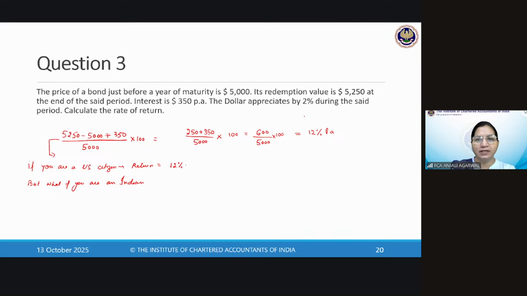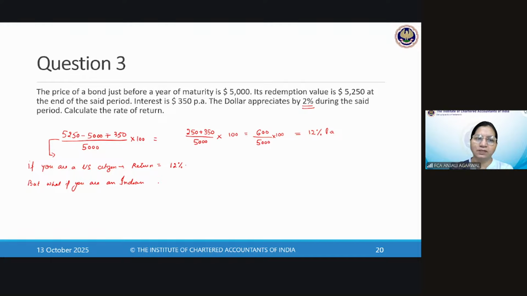Here, have you made any use of this information? Dollar appreciates by 2%. So this information will be relevant if you are someone apart from US.